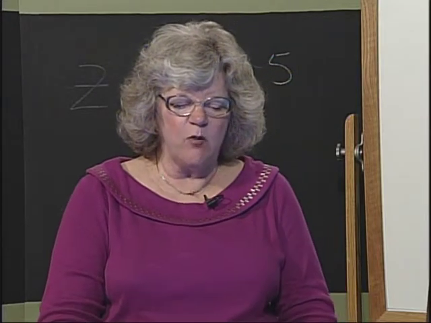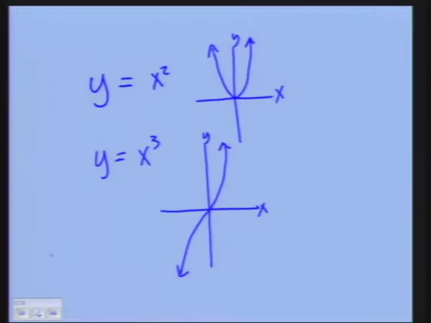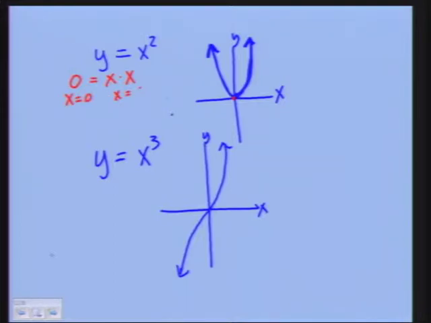Well, let's look back at our y equals x squared and y equals x cubed graphs. Looking at our graphs, we can get some ideas here about multiplicity. Notice that y equals x squared turns up after it hits the axis down here. Let's see what's going on. If I put in 0 for y, which is what it means to be a 0, and factor the right side, I would get x equals 0 twice.